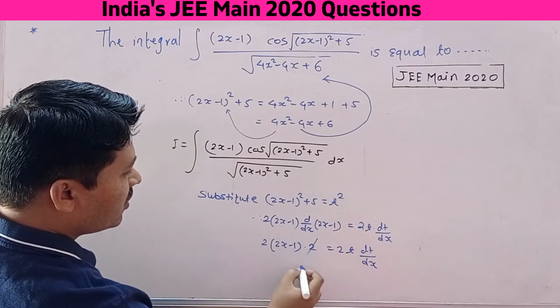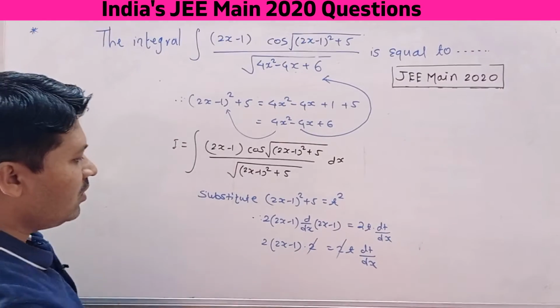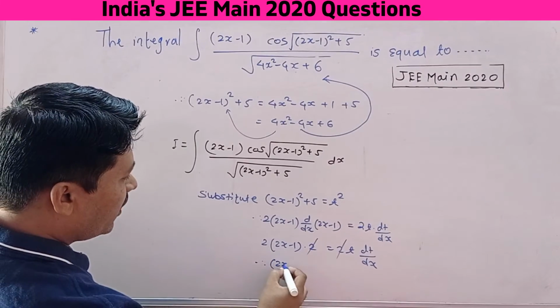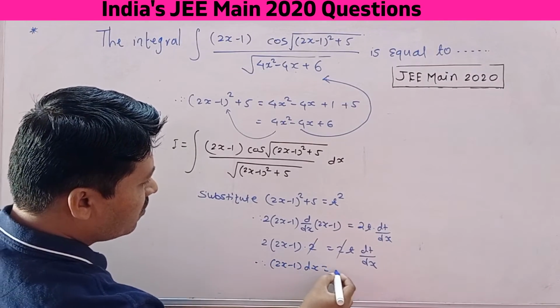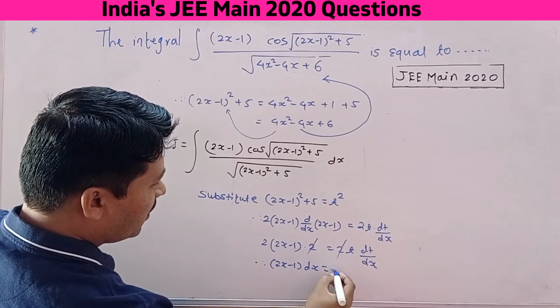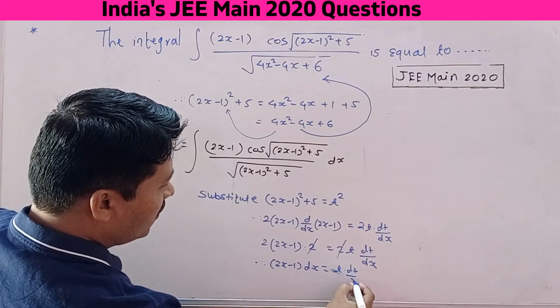Here the 2 cancels, and we get (2x minus 1) dx equal to t dt by 2.